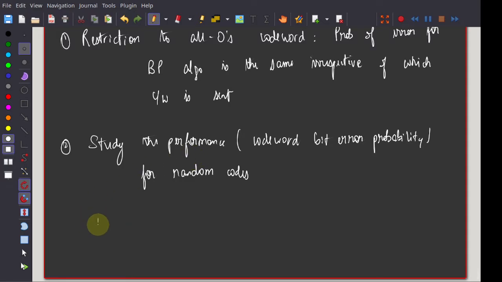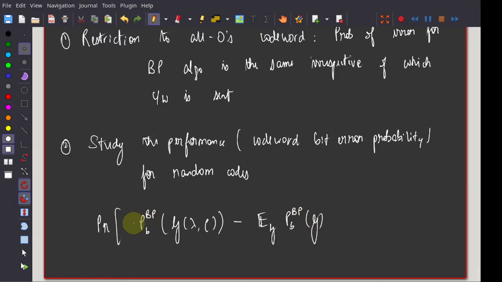But then what one can show is that if you pick a random graph G from the configuration model, drawn according to the distribution lambda and rho, then the probability that the error probability under belief propagation decoding for this graph is too different from the average error probability of belief propagation decoding, greater than any delta, is less than or equal to e to the minus r.